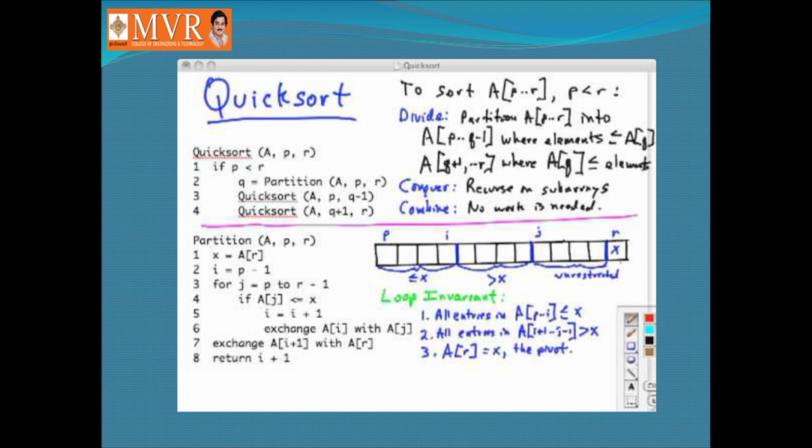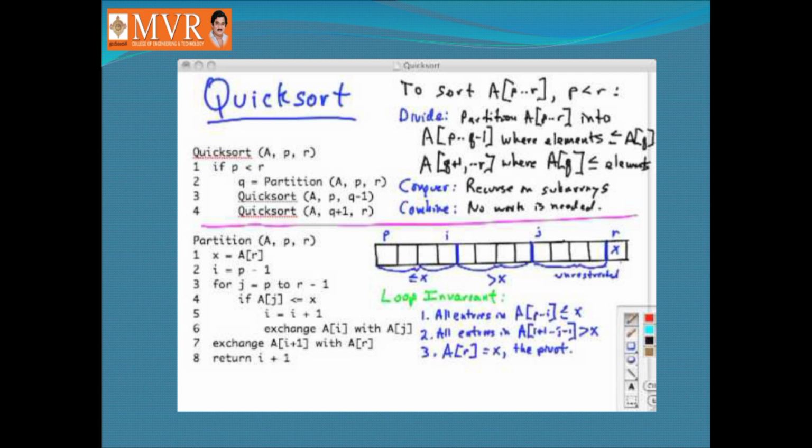Conquer means recursively performing the sorting on those sub parts. Last, after sorting them, combine them into a list, that is the sorted list of elements.